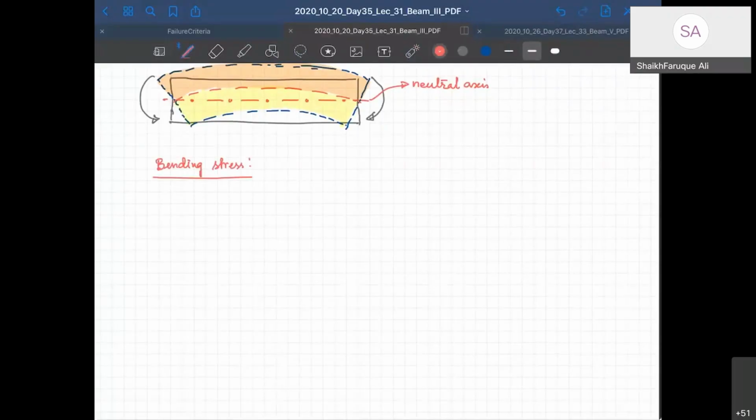Let's say that I have a cross section, right? And there is a neutral axis. Okay. This side is yellow, so that is under compression. And this side is something like orange, so this is under tension, right? So this is a sagging moment.